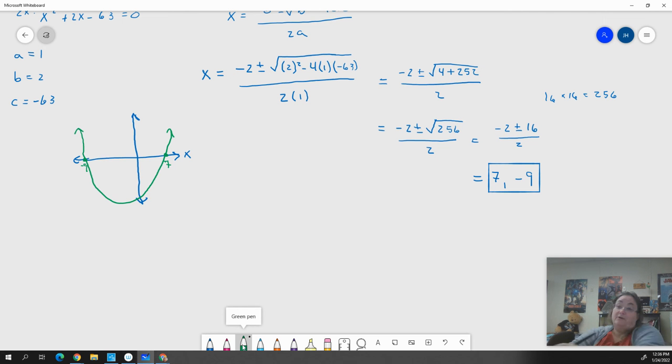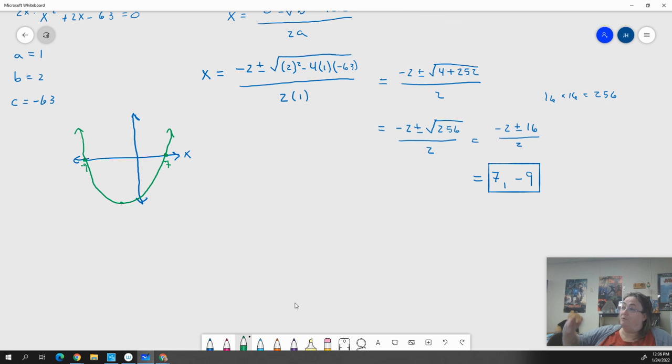You'll learn later on that we can also find things like the vertex and all that within it. The vertex is either our high point or our low point. In this case, it would be a low point, right? That turning point. But ultimately, what we're learning is that we're finding those solutions. And the solutions of a quadratic, we always say, are those points where it crosses the x-axis.